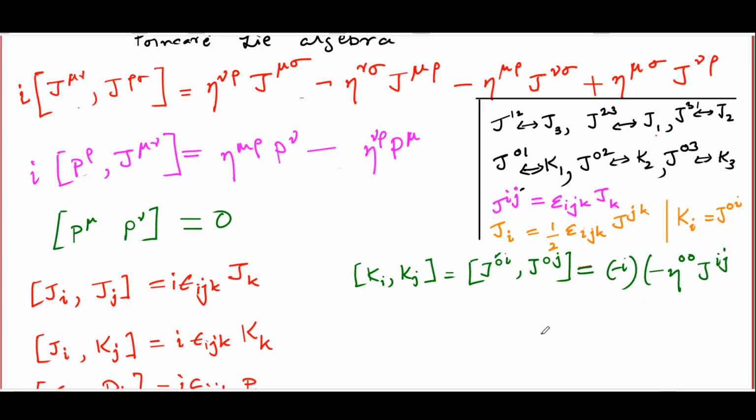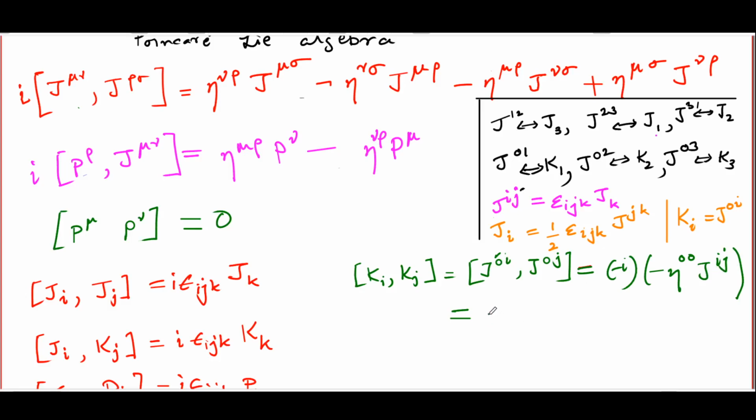Of course, the other way in which you could have put the same index on eta is if you put I and j on eta, and then of course you will get a non-zero value if I were equal to j. But if you were to put I and j on eta, the capital J will get indices 0 and 0, and that would of course vanish. So you have only this one term. So what you get here is I times eta 0, 0 times jij.